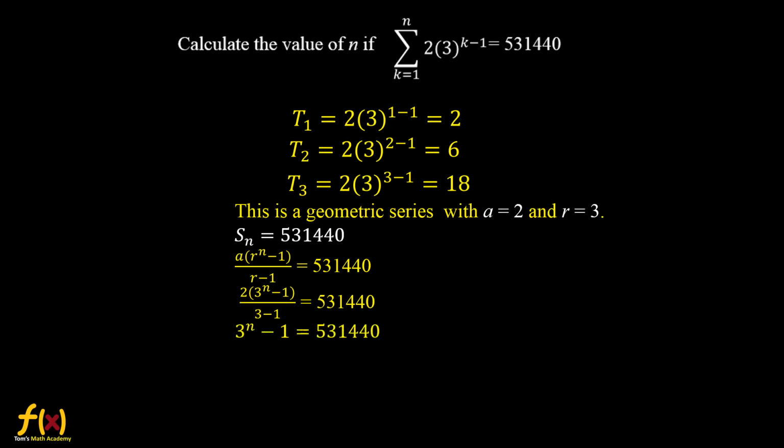We get 3 to the power n minus 1. In the denominator we have 2, in the numerator we also have 2, cancelled. So we write 3 to the power n is equal to, moving minus 1 to the right side, 531,441, which can be written as 3 to the power 12 from the calculator. Therefore, the bases are equal, so the exponents must be equal: n equals 12.